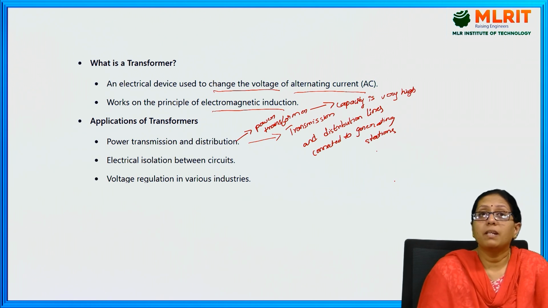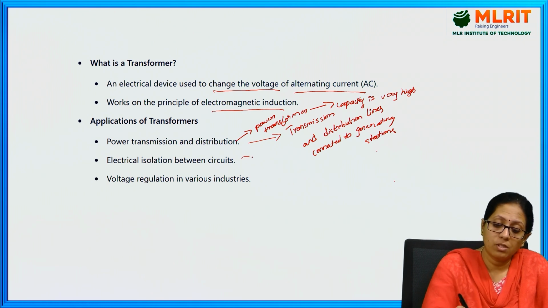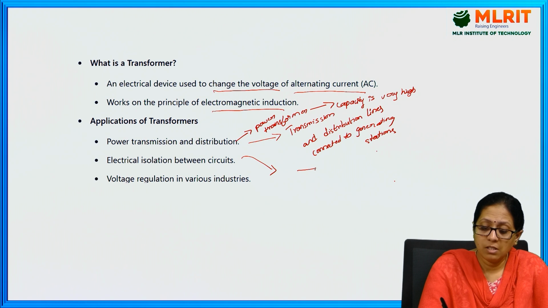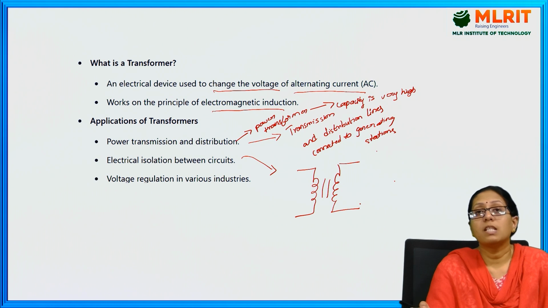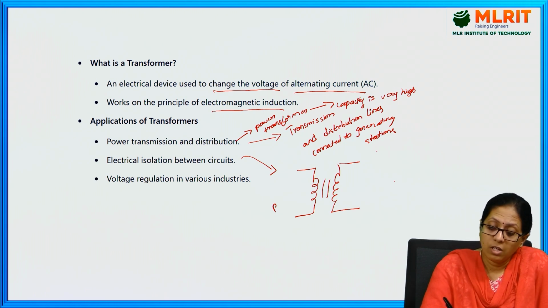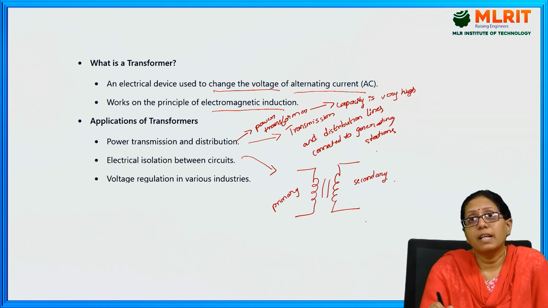The second application is electrical isolation between the circuits. This is the symbol of a transformer, where this is your primary and this is your secondary. The primary and secondary are not electrically connected.